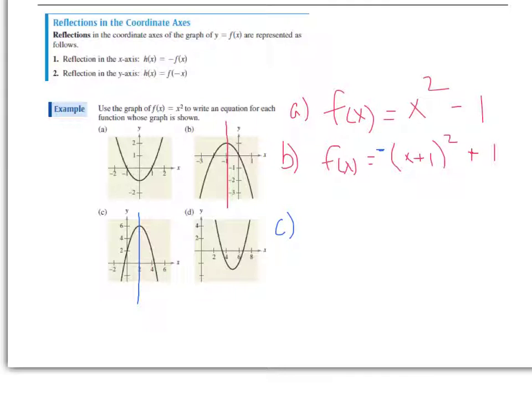So when I look at C, it looks like we went right 2. So let's take care of that. So we have x minus 2 squared. Looks like we also went up 6. And we do have a reflection where the y values change, so we do have a negative.